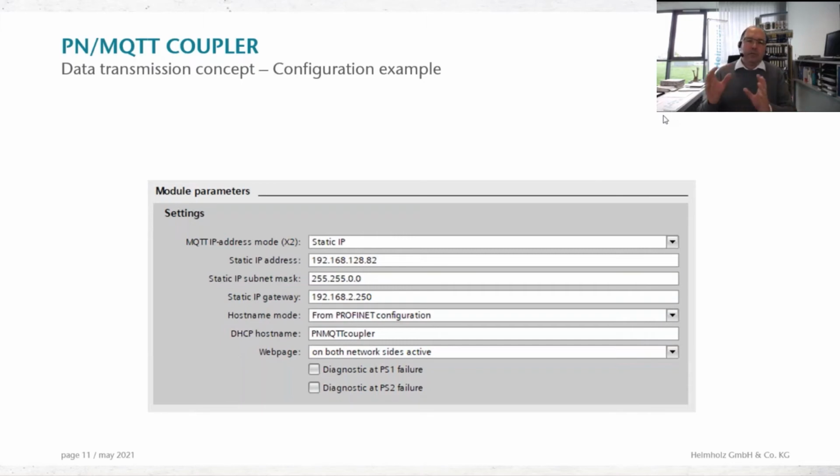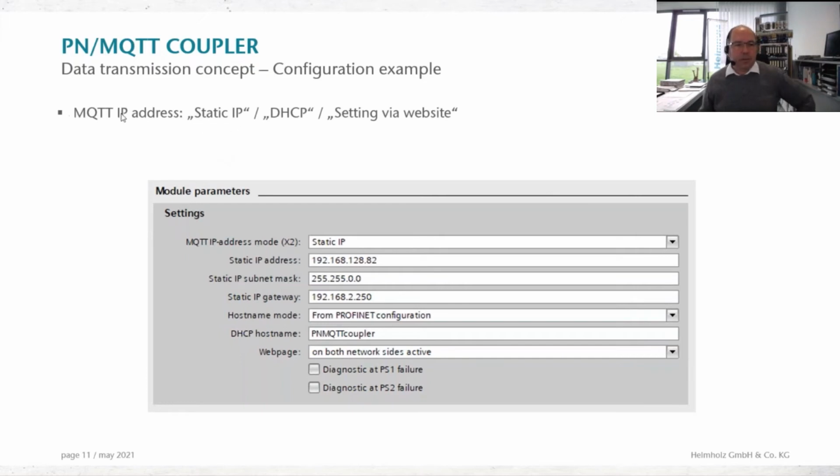But we have a second network interface, and this second interface also needs some IP settings, because the device itself has to be present in the network from the factory, in the network from the end customer, in the network where the router is to access some cloud solution. So you are able to give the IP settings directly inside your PLC configuration.